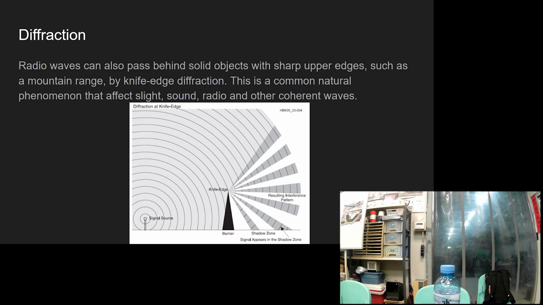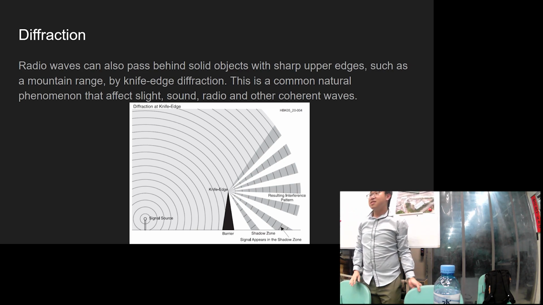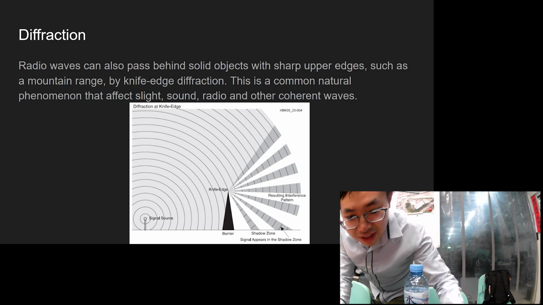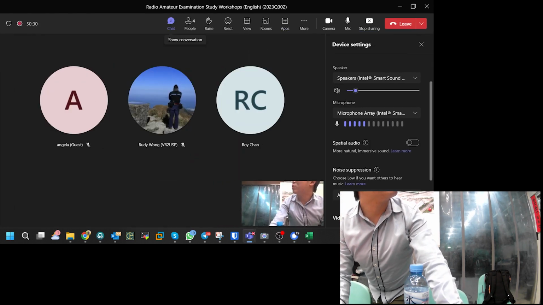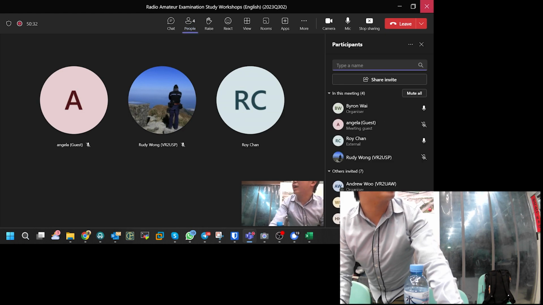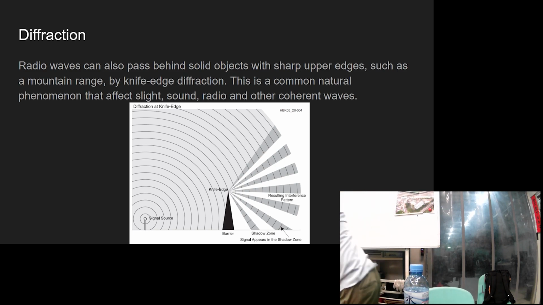Okay, I'll use it. I remember this one is not a good pen.